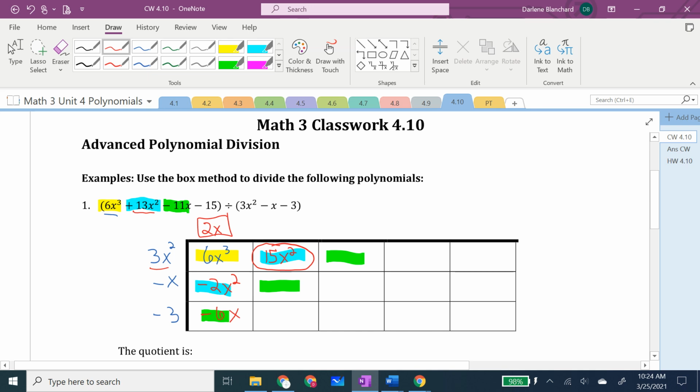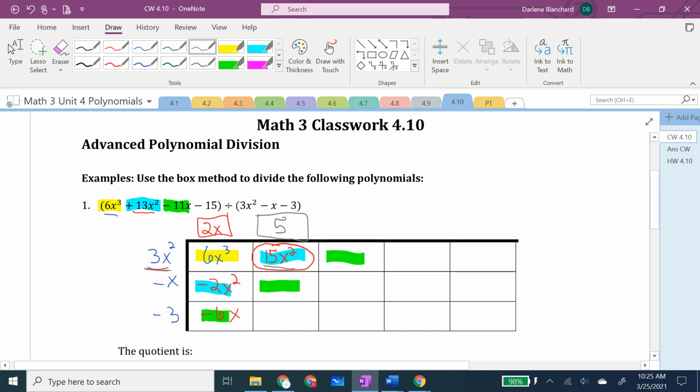All right, so that's done. With that placed, you now have no choice for what goes here. What goes here has to multiply by 3x squared to get 15x squared. And that's just going to be 5.